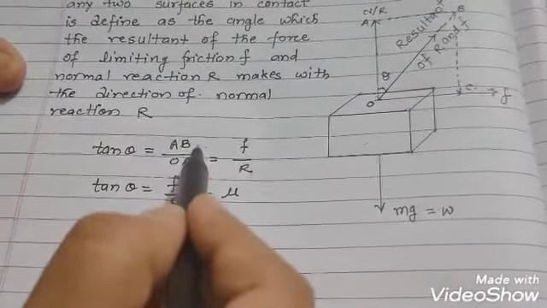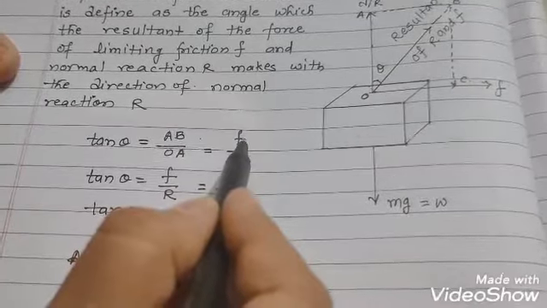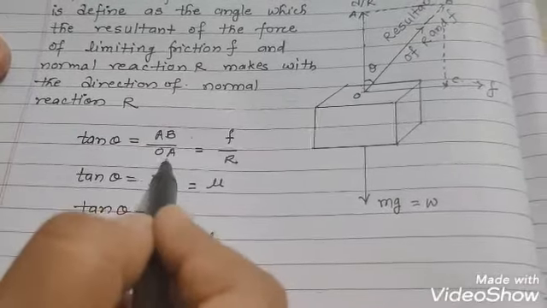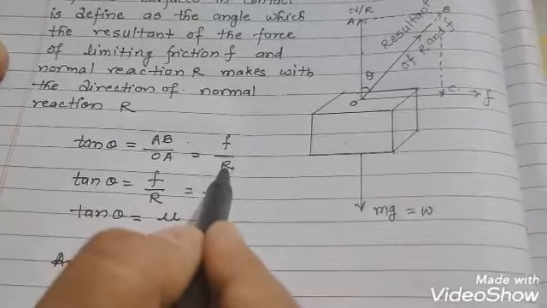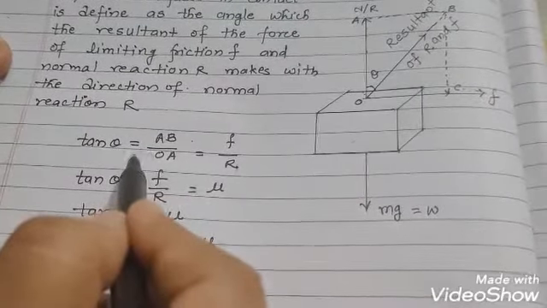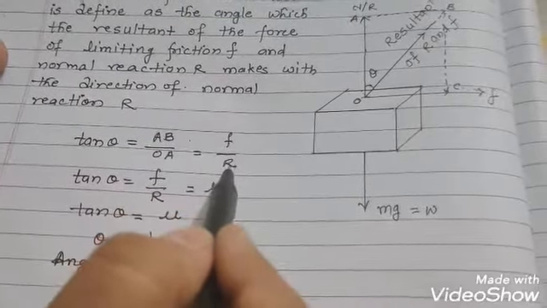Now AB is equal to F, the force of limiting friction, and OA is equal to R. So tan theta is equal to F upon R.